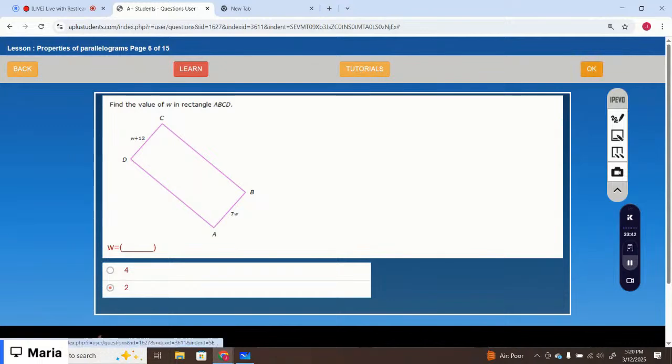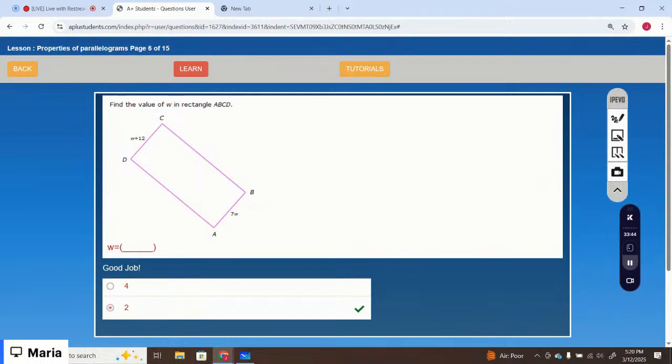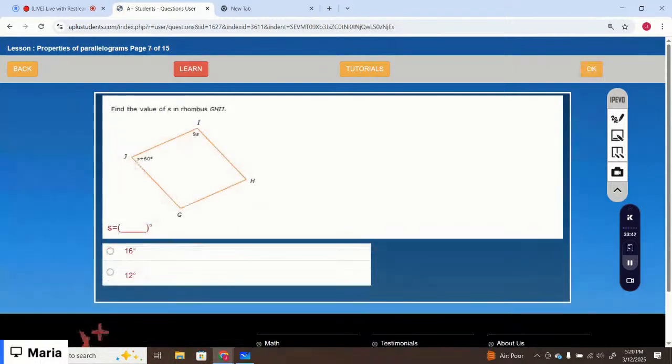That is 2. Find the value of s in rhombus GHIJ.